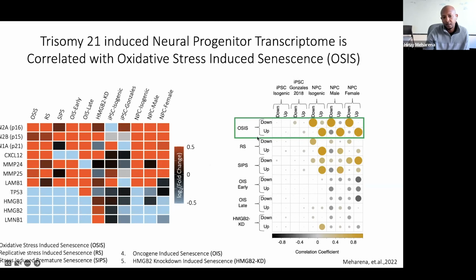And what we find is that the senescence-like signature observed in neuroprogenitor cells is very similar to the senescence features observed in oxidative stress-induced senescence, indicating to us that globally, these cells might be exhibiting some sort of oxidative stress-induced senescence phenotypes. So the first thing that we wanted to do is confirm that these neuroprogenitor cells also show some senescent features.